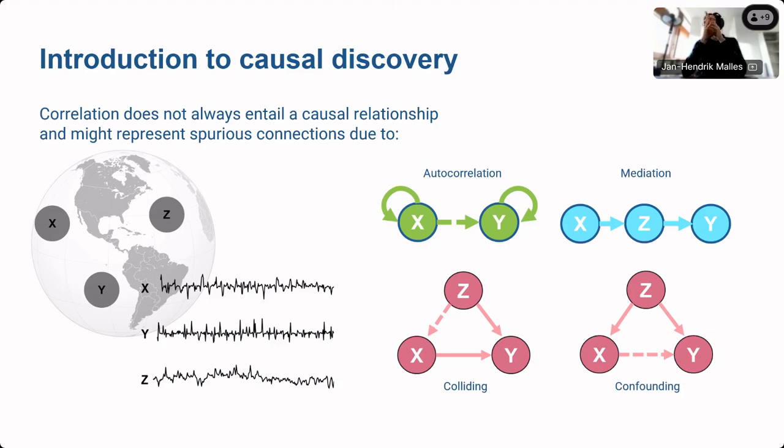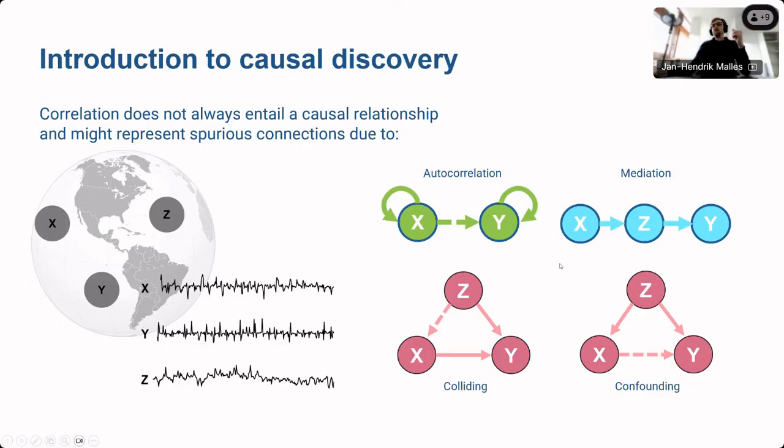One of the classic examples is ice cream sales and the number of people swimming in the lake. They would be correlated, but it's not that they are causally related; the confounder in that case would be the weather.